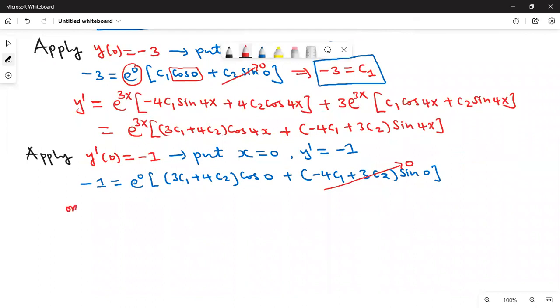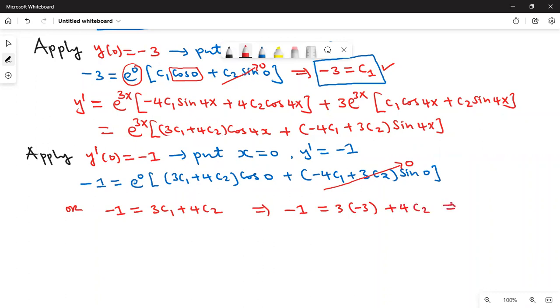So this is 0. And you know cos 0 is 1 and exponential 0 is also 1. So you write -1 is equal to 3c1 plus 4c2. But what did we get as c1? c1 is -3. So this means that -1 is equal to 3 times -3, that's what we got as c1, plus 4c2.